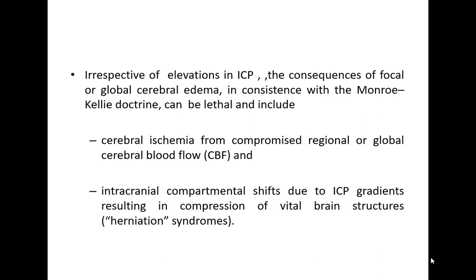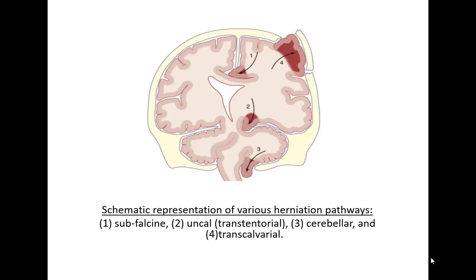The cerebral ischemia forms from compromised regional and global blood flow, and intracranial compartment shifts due to ICP gradient result in herniations. So if you look at the herniations, there can be a subfalcine herniation, there can be an uncal herniation, there can be a cerebellar herniation, and there can be a transcalvarial herniation.